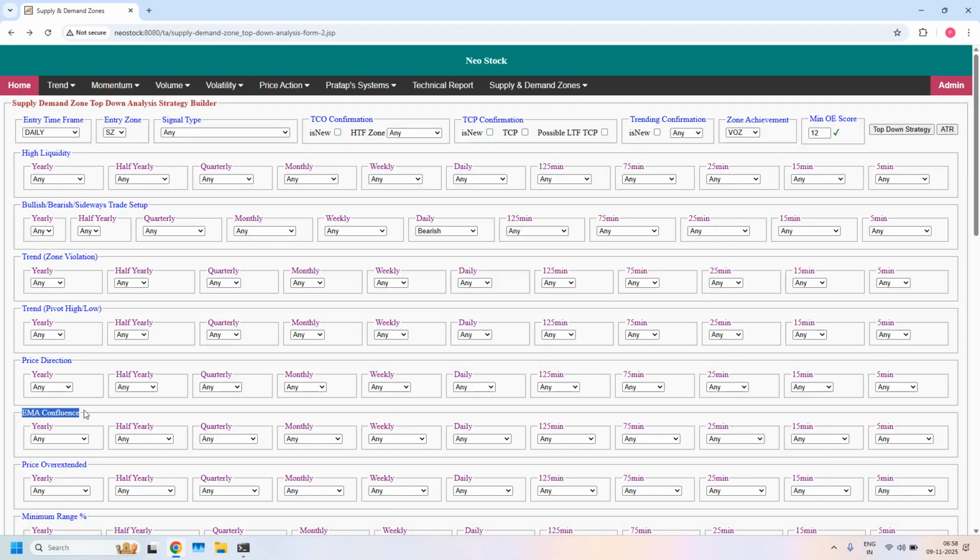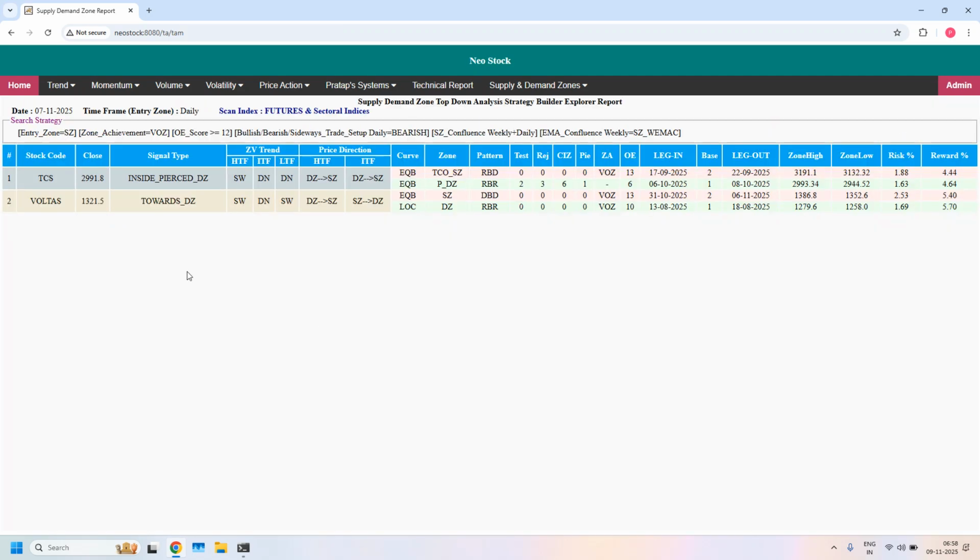Again, I am applying the filter, weekly supply zone having weekly EMA confluence. 2 stocks we got. So these 2 daily supply zones might be having more high probability to get success, provided less than 20 checklist items are satisfied, otherwise higher chances of zone violation.